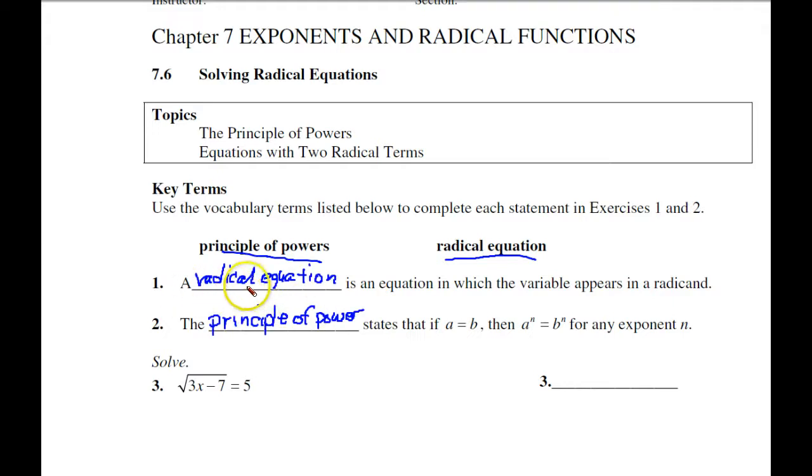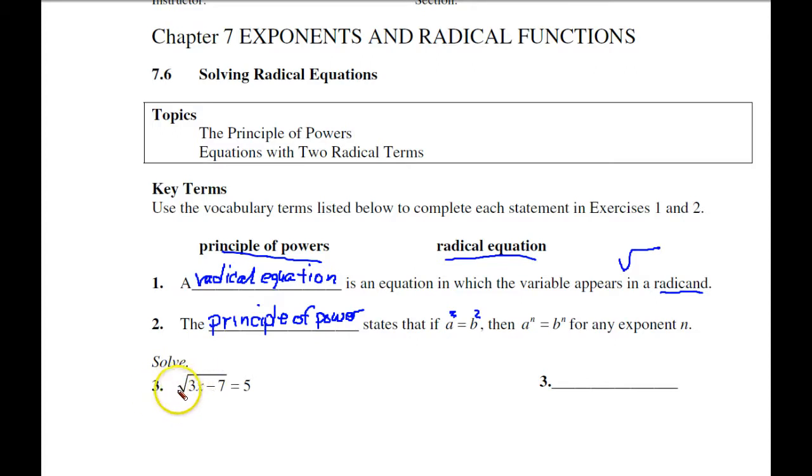So number one is if you have an equation in which there is a radical with its radicand, that's called a radical equation. And the principle of power is that if you square this side and you square that side, they're still equal. And we'll use it right here in number 3.